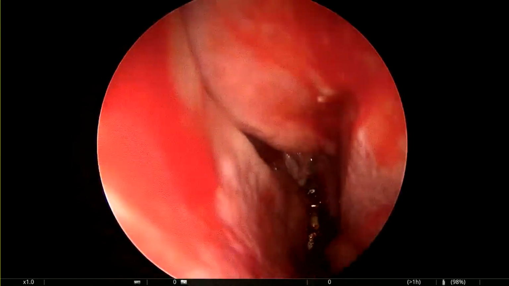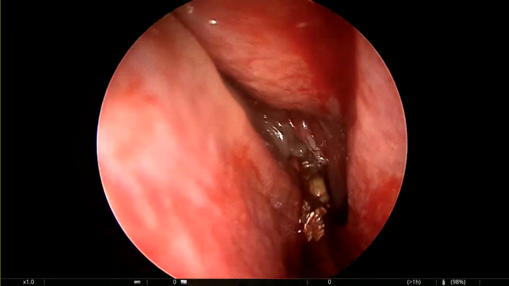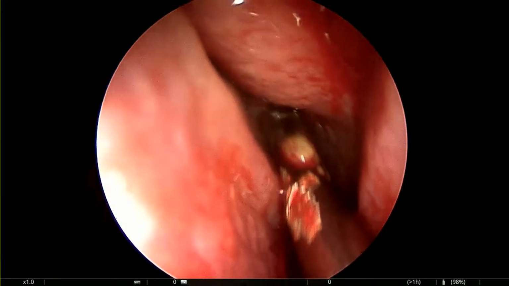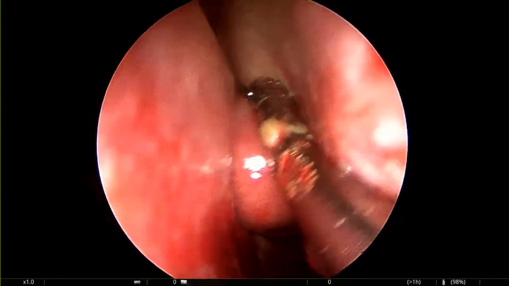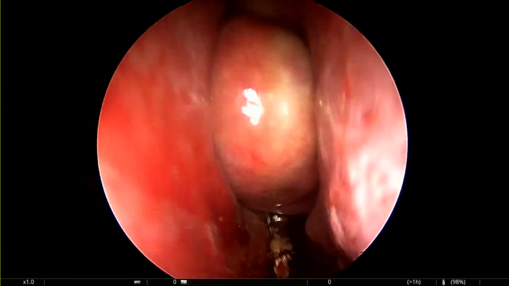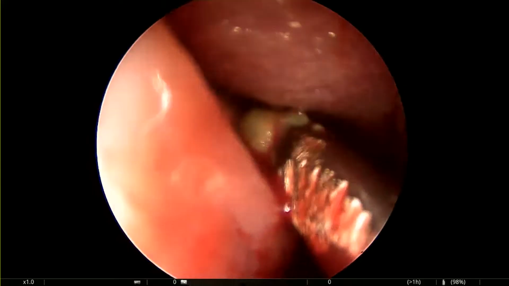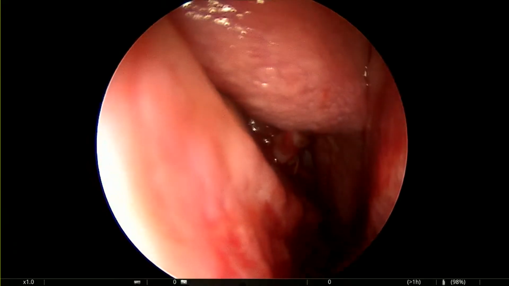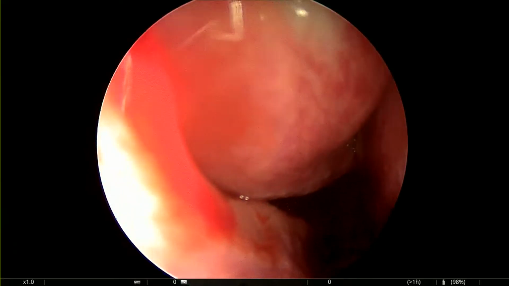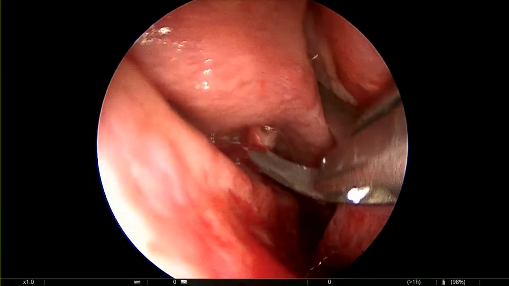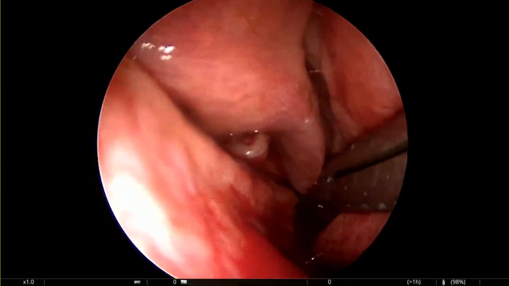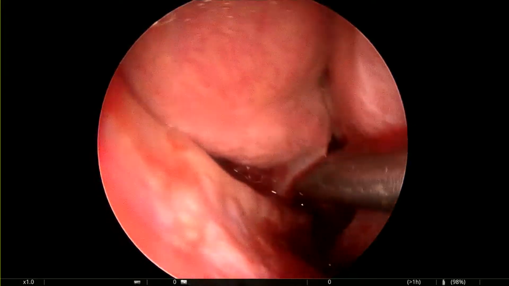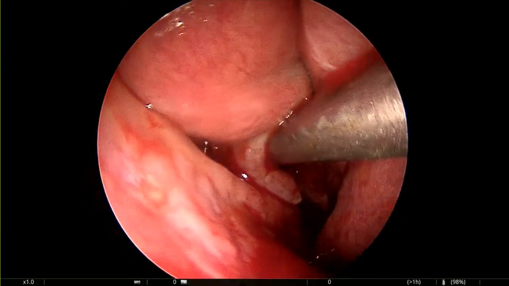The problem of nasal obstruction is treated, but not the disease. Due to the volume of the middle turbinate, I'm going to cut it because it's impossible to reach in good condition the anterior surface of the sphenoid sinus. So I cut posteriorly compared to the previous cases.